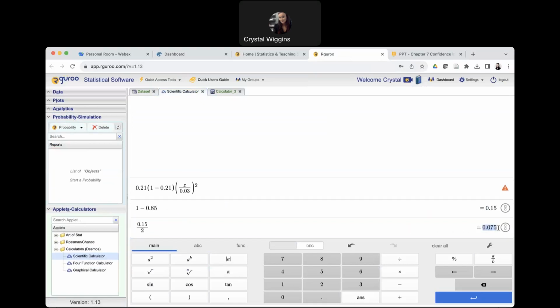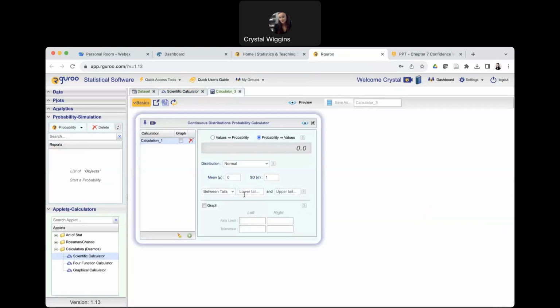Okay, so this is the area that I need to write in both the upper and lower tails in this probability calculator. I'm going to paste that in. That equates to 15% if I added it back up. And when I hit my eyeball, I get the z-score that marks the left side of the middle 85% and the z-score that marks the right side of the middle 85%.